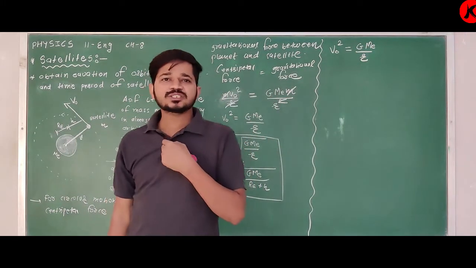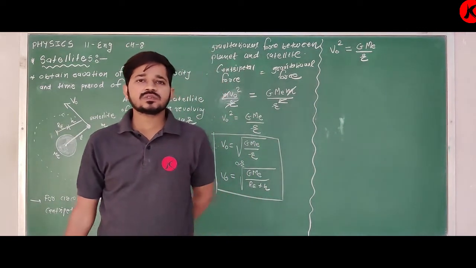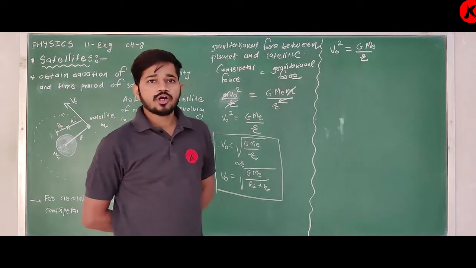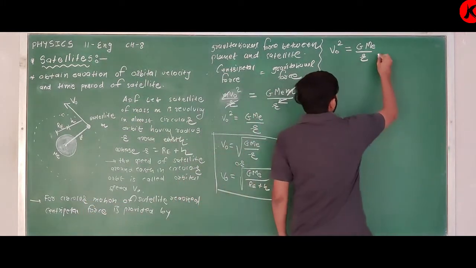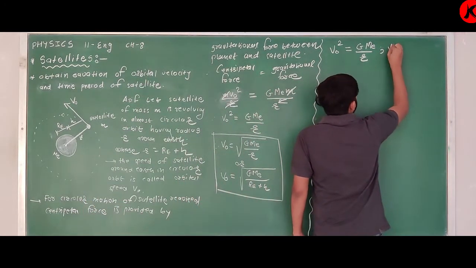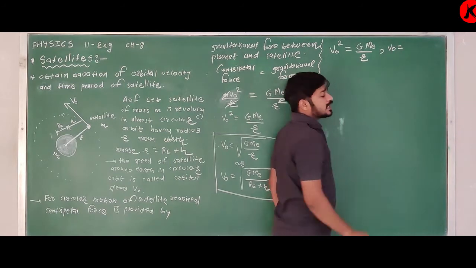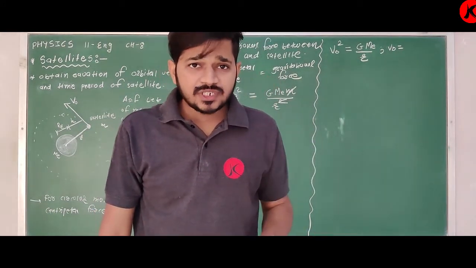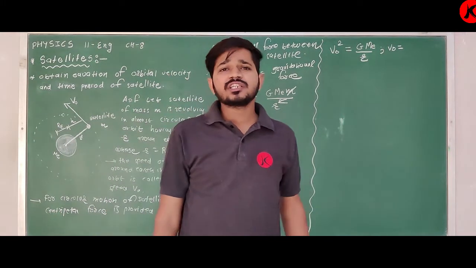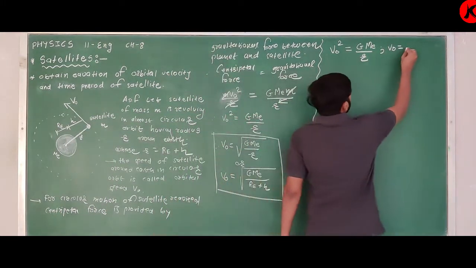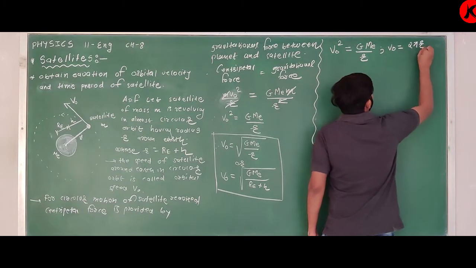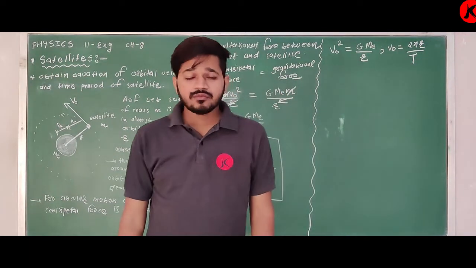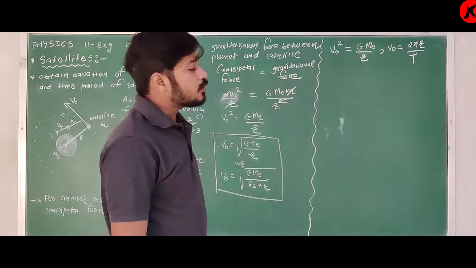Orbital speed V0 is equal to distance upon time. For one rotation, the distance traveled is the circumference, and the time is the time period. So we can write V0 is equal to 2 pi r upon T. Remember this one.